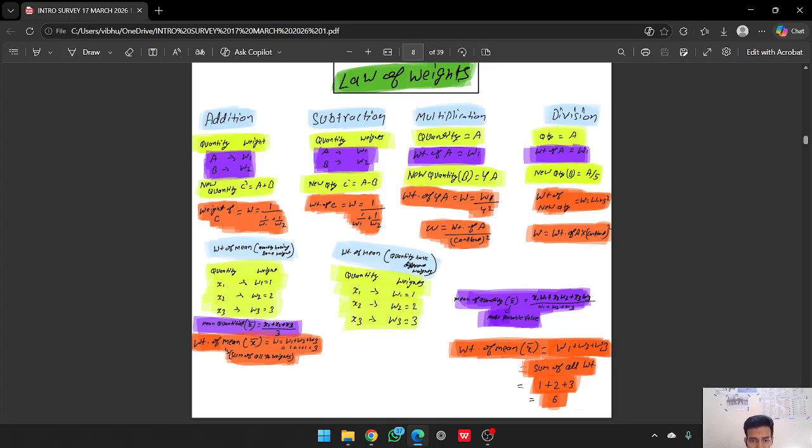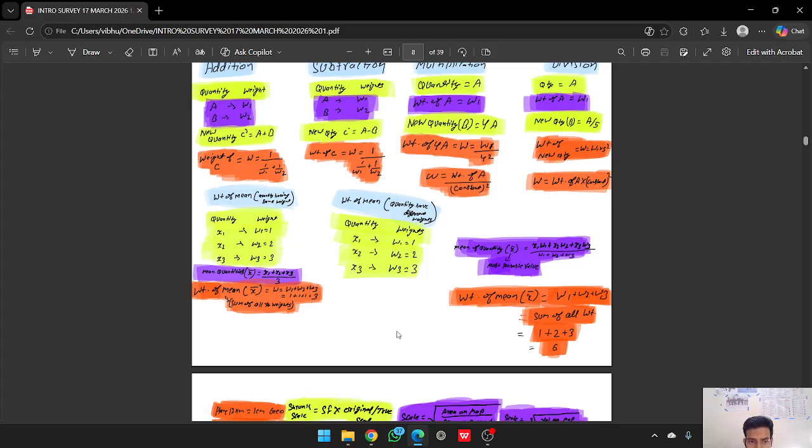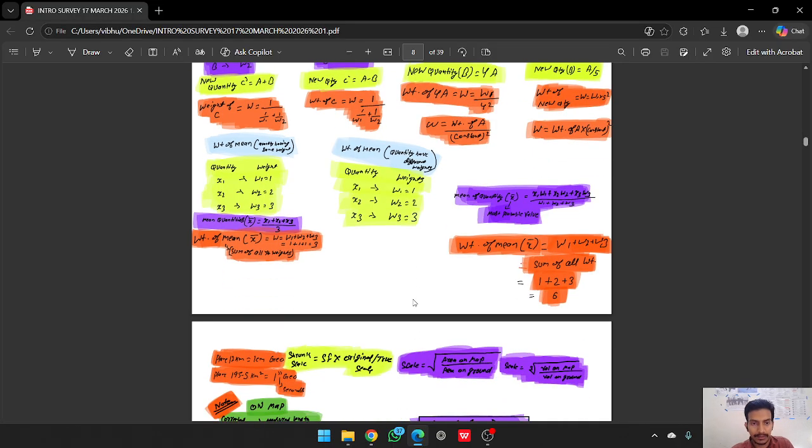For the weight with different quantities, the most probable mean of the quantity is x1 w1 plus x2 w2 plus x3 w3 divided by w1 plus w2 plus w3. But the weight of the mean is the sum of all weights, 1 plus 2 plus 3, which is 6. That's all.